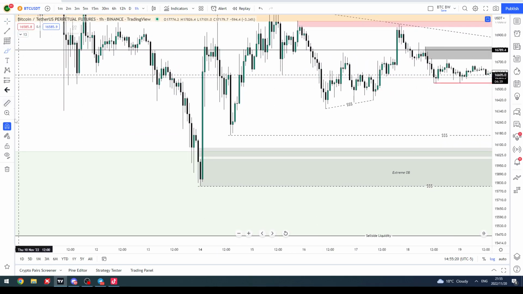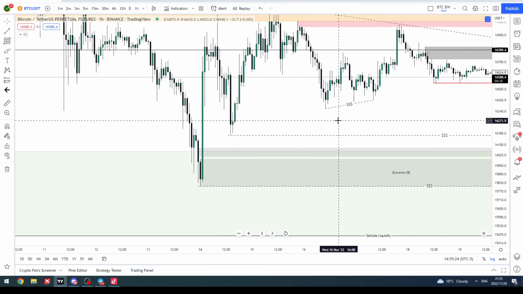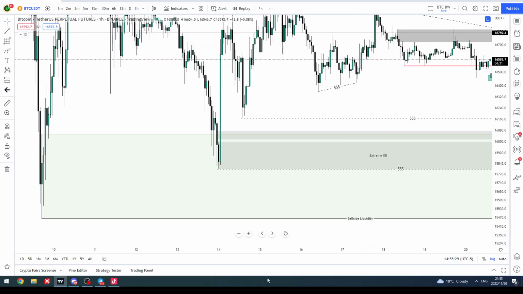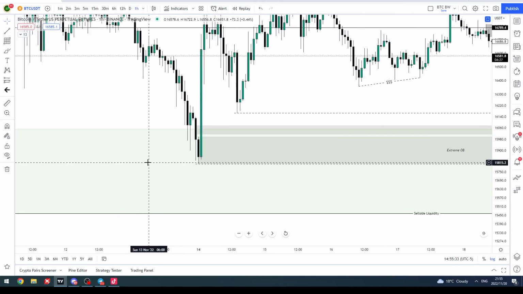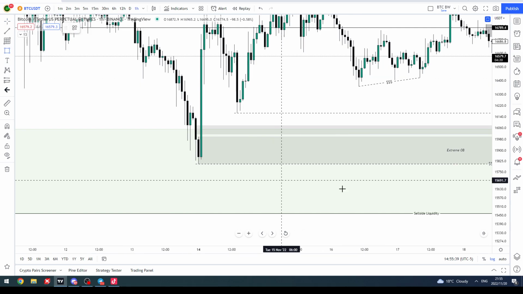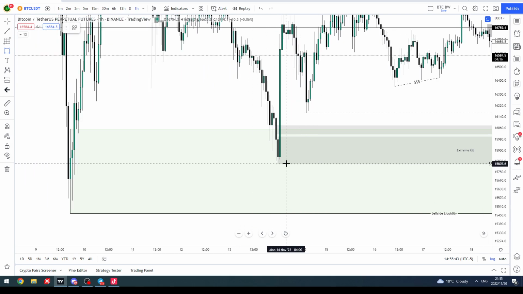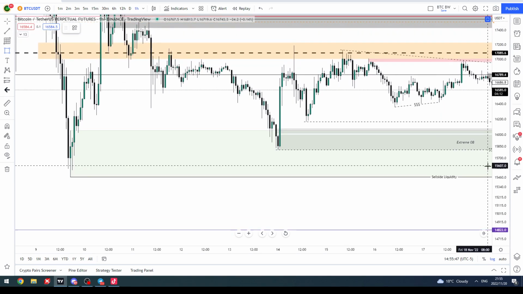We want to see price, if it does come, it wants to come into this order block, and when it comes into the order block, then we're going to look for any signs of reversal. So what would we be looking for when it does come into this order block and the balanced price range? We want to see reversal patterns, right? Even though this may be a draw on liquidity below here, it's a valid swing low, right?